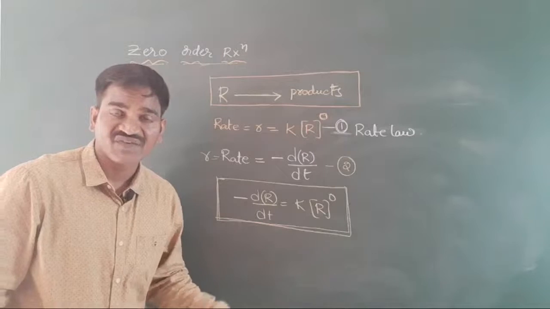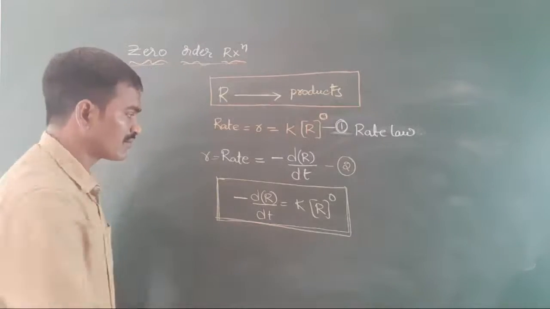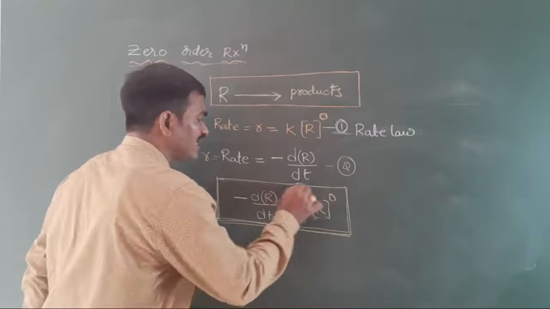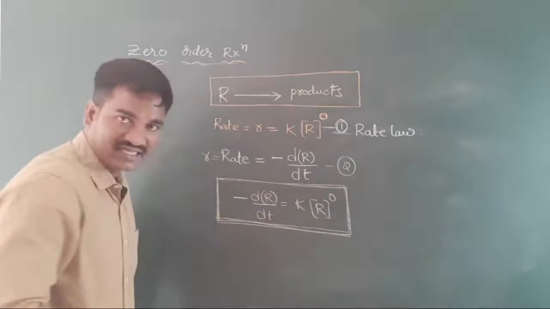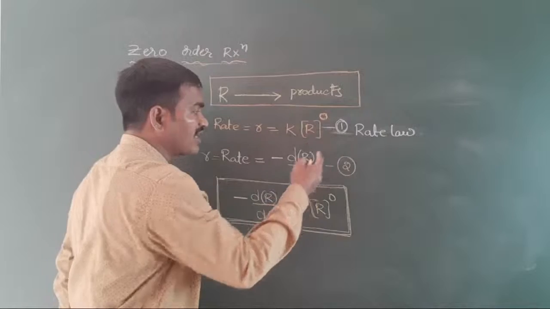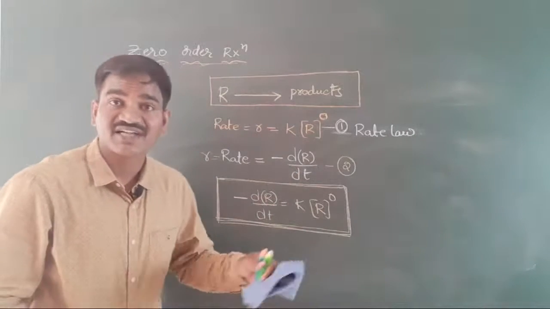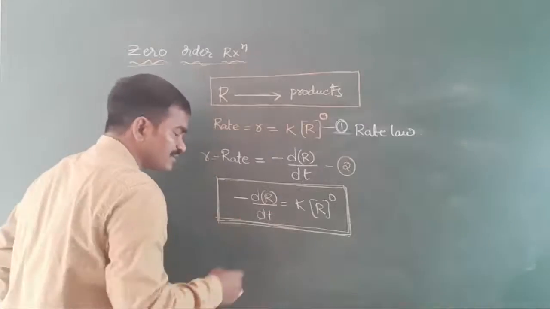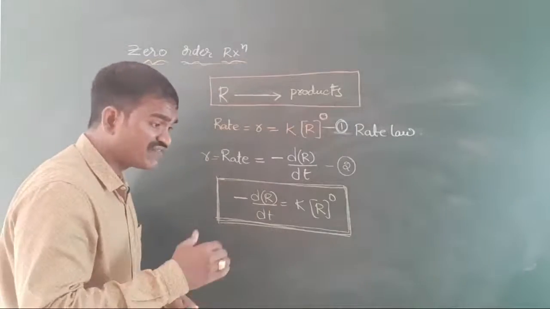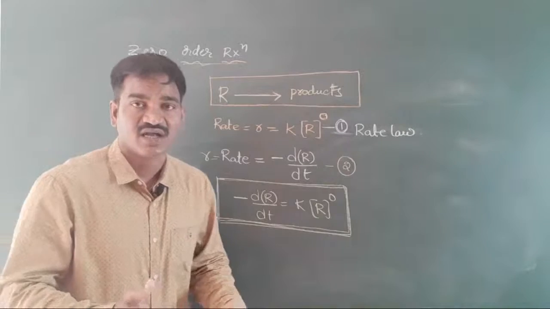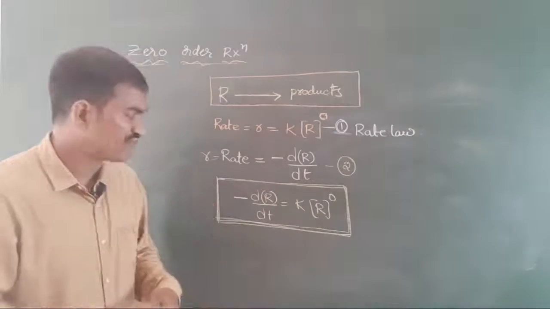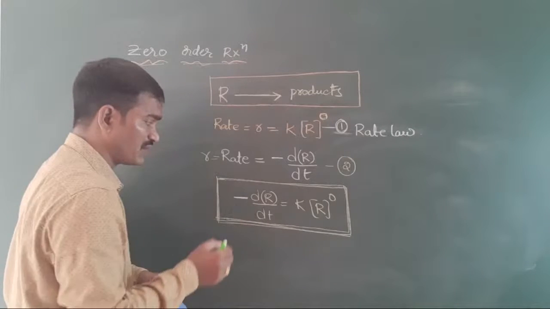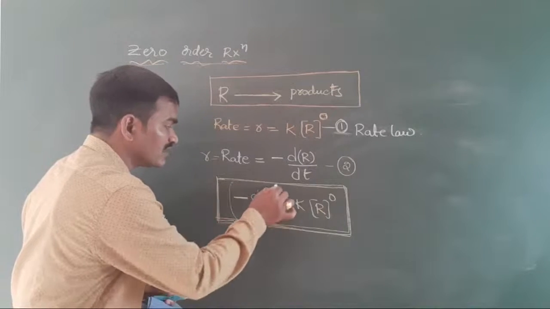But if you take the differential rate equation, it is not useful in all cases to calculate the rate law or order of the reaction. It's not possible. Why? What is the reason? This is a very important point. In differential rate laws or equations, what is there?